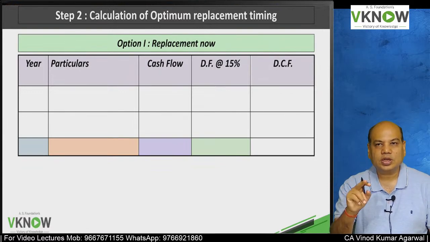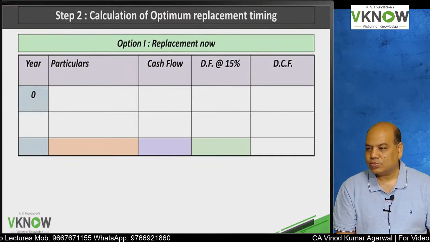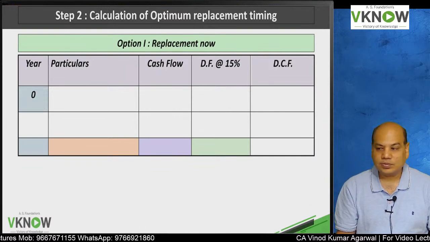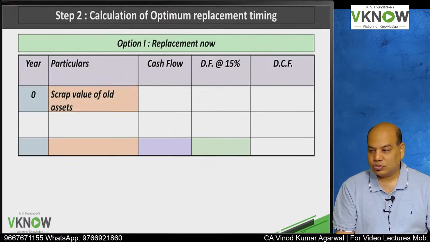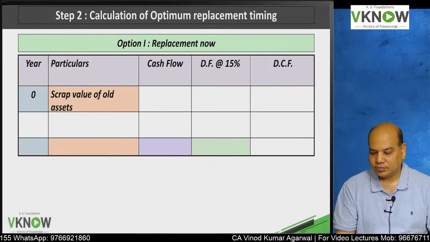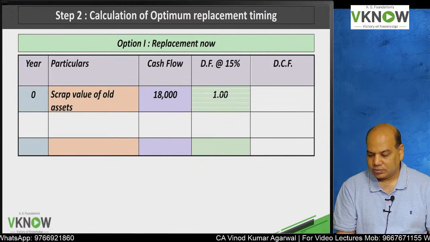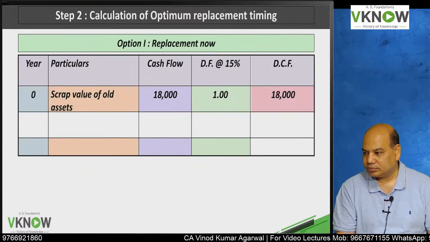You are going to sell the old machine in year 0, so that cash flow will take place. Year 0, scrap value of old asset, which is given 18,000. It is a positive cash flow.